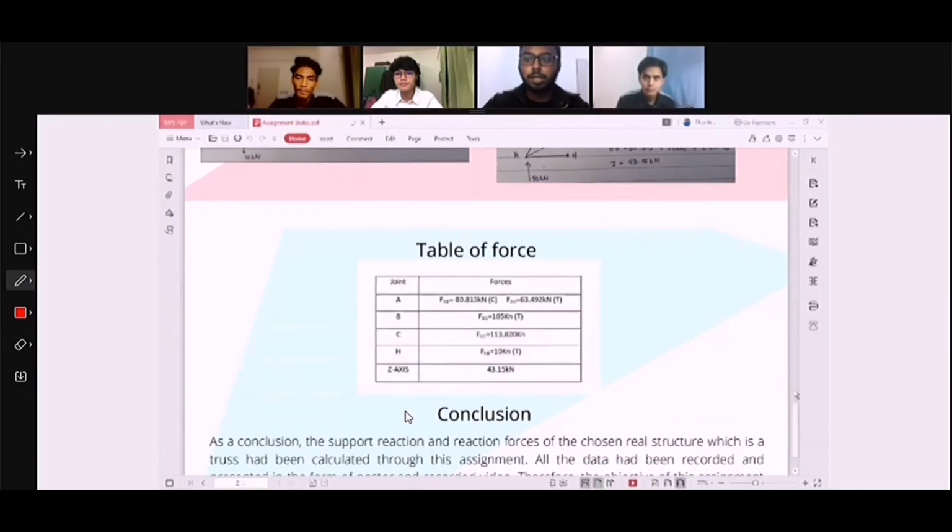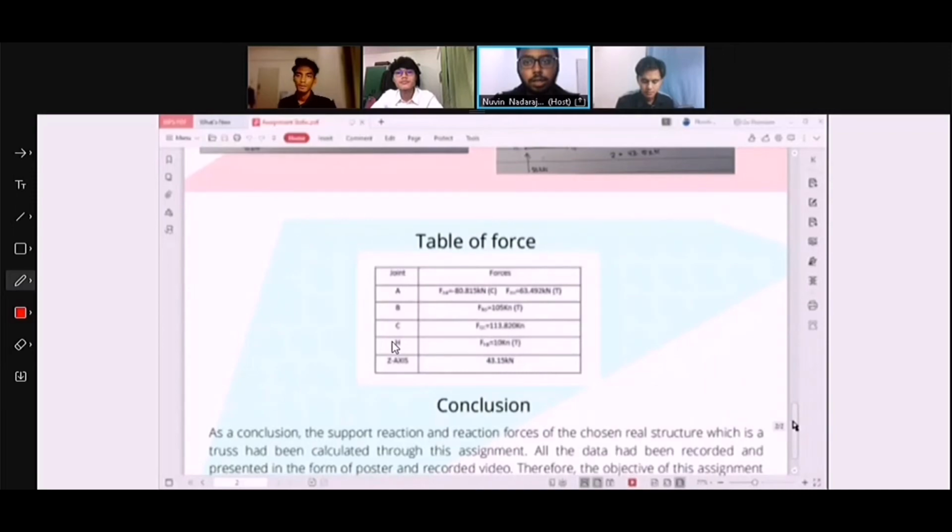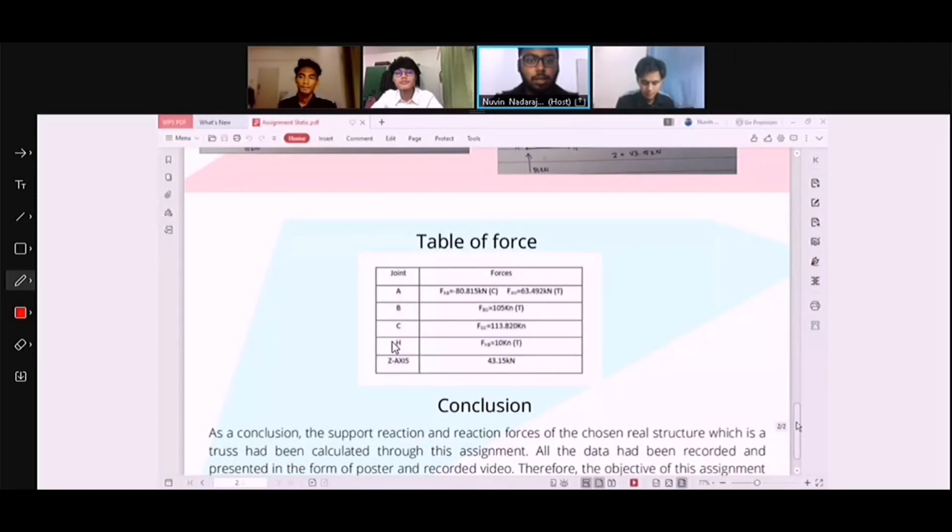Thank you, Afiq, for the calculation explanation. Now I'll explain the table of forces that has been calculated from the calculation above. At joint A, the force FAB is 80.815 kN compression, and the force FAH is 63.492 kN tension. At joint B, the force FBG is 105 kN tension.